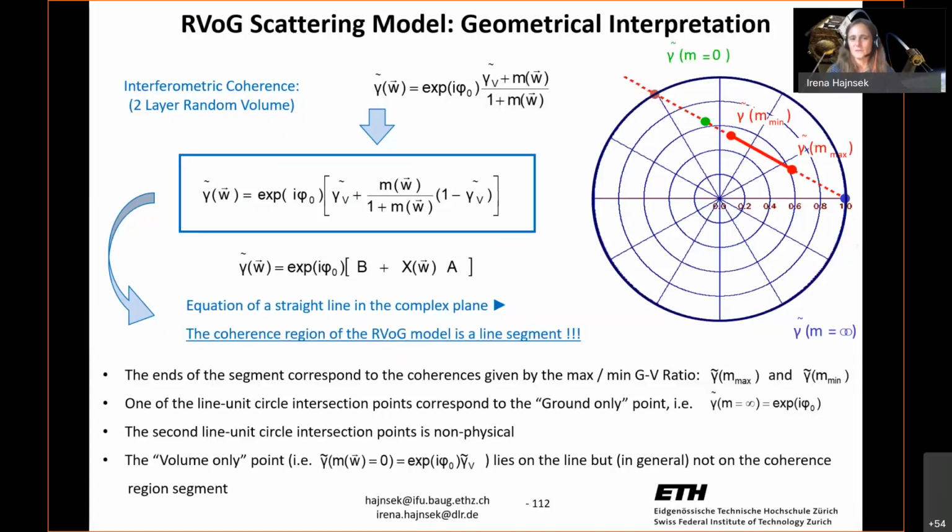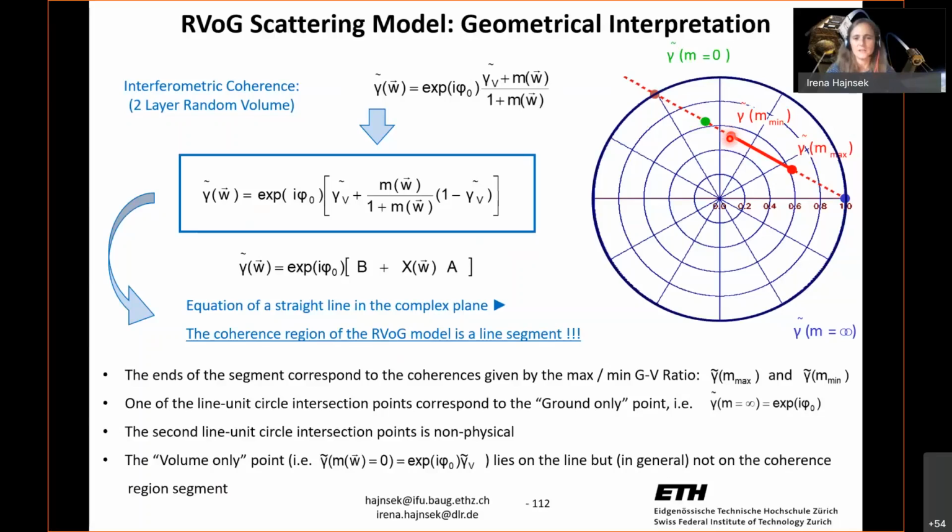So the volume only point, the point which has the minimum contribution in terms of ground, and this is what we like to see, the minimum ground contribution, is the farthest away from the ground. It lies somewhere here between this intersection point and the line, and the gamma minimum of the M parameter.